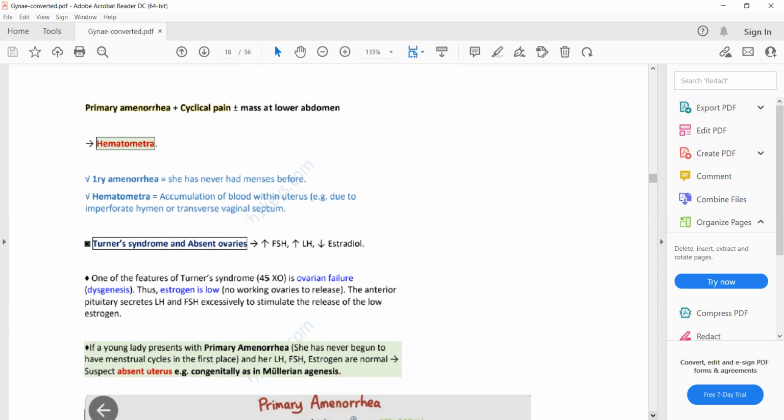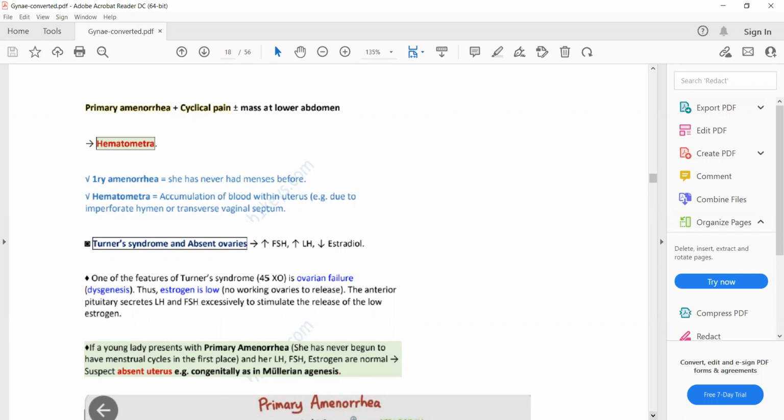So a female with primary amenorrhea plus cyclical pain, the diagnosis is imperforate hymen or transverse vaginal septum, which leads to accumulation of blood within the uterus, that is known as hematometra. And the same lady with primary amenorrhea and her FSH, LH, and estrogen levels are normal, you will suspect absent uterus, and the ultrasound will show no uterus in the pelvic cavity.